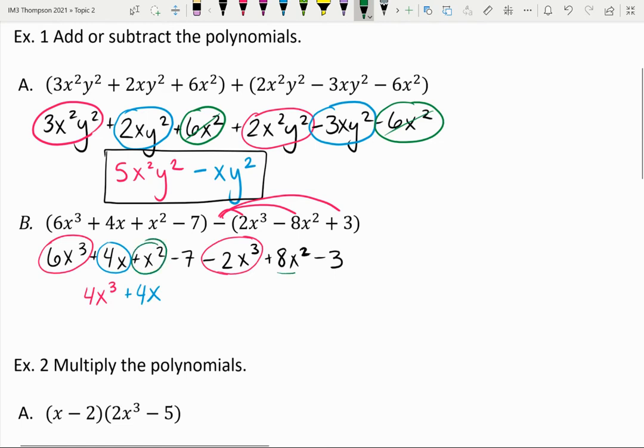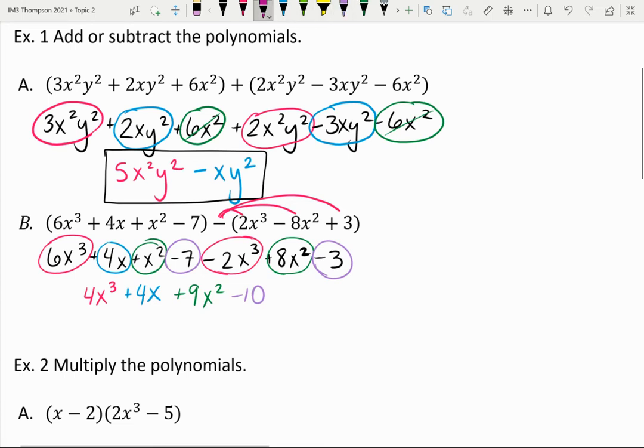I've got a plus x squared and an 8x squared. X squared plus 8x squared gives me 9x squared. Minus 7 minus 3 gives me a minus 10.